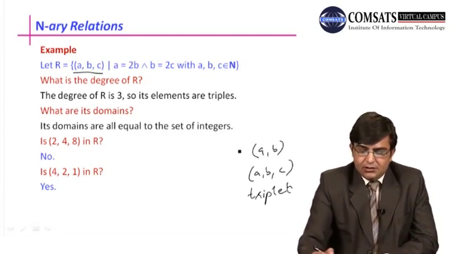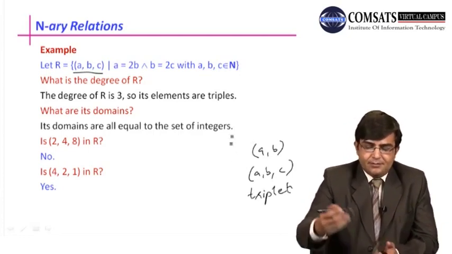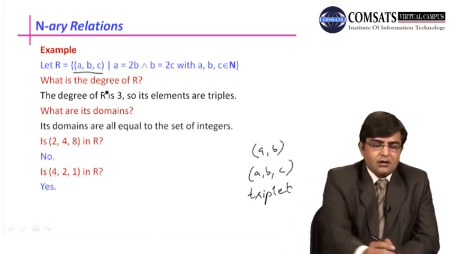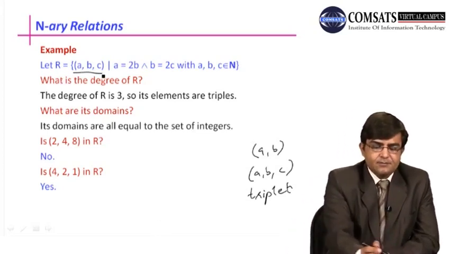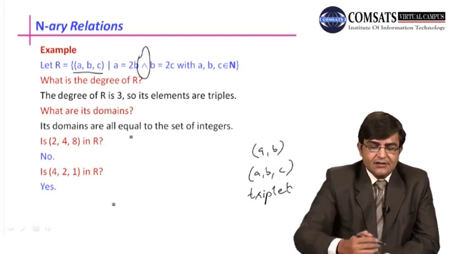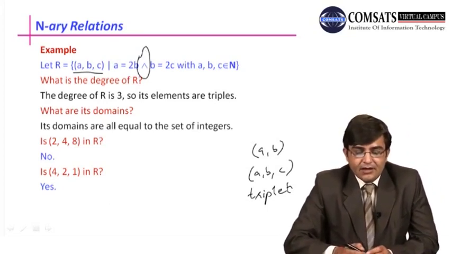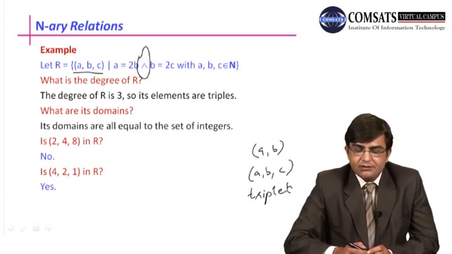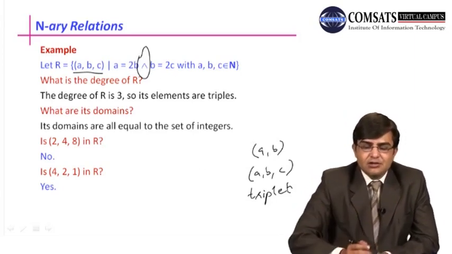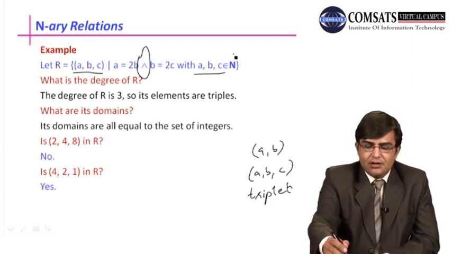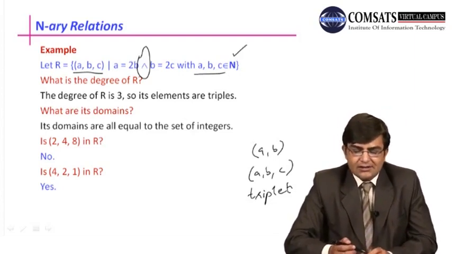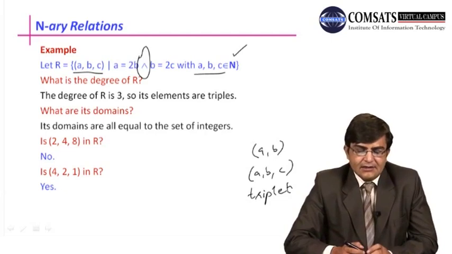So this is an ordered pair, and this is a triplet. R contains triplets such that A is 2B, and here this relation is basically the conjunction of two relations, and B is equal to 2C, with A, B, C belonging to N. I hope you know what N is here. N is basically the set of natural numbers.